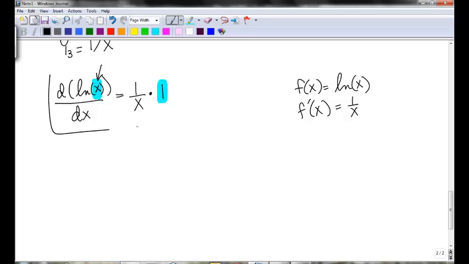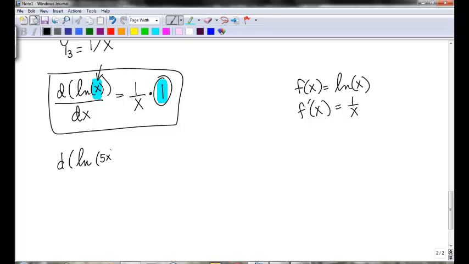I saw this in the book without that 1, okay? And then the problem was this. Take the derivative of the natural log of 5x with respect to x. And I did this. I said it's 1 over 5x and got the wrong answer.